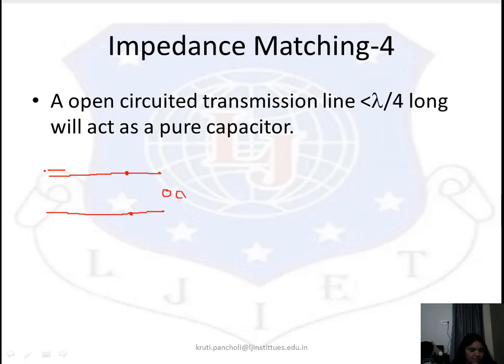And I will just say that it's less than lambda by 4 long. Okay, and what will it do?